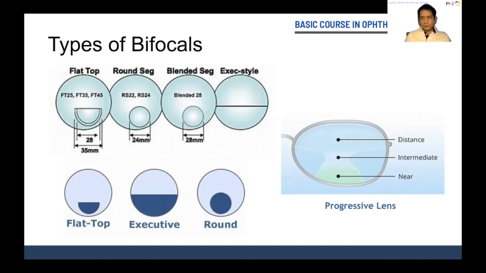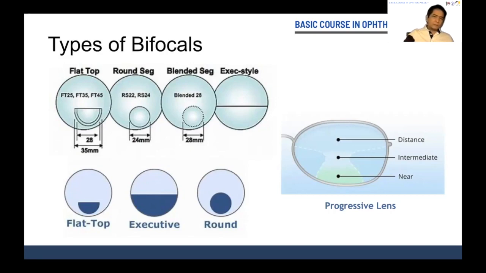While on your right is the progressive lens. In progressive lens, you don't see any line to delineate the distance and near vision. And this progressive lens is being utilized for distance, for intermediate, and for near vision.